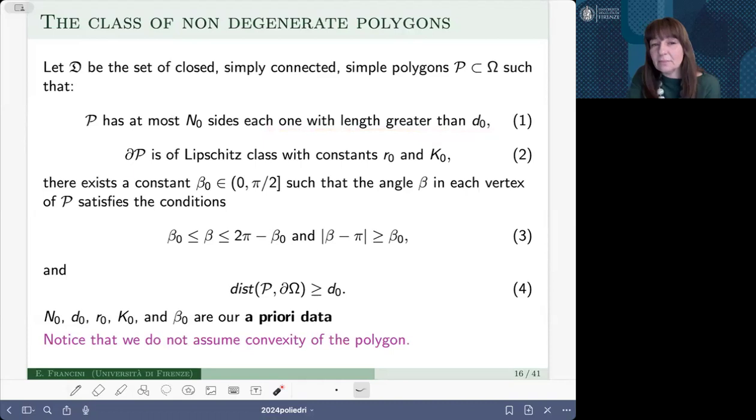We will assume that the boundary of the polygon is of Lipschitz class, and also that the internal angles are far from 0, from 2 pi, and from pi. So when you have a vertex, it is a real vertex, and the angle is different from pi. We also need to assume that the polygon is far from the boundary. All these numbers are going to be our a priori data. We do not assume here that the polygon is convex.